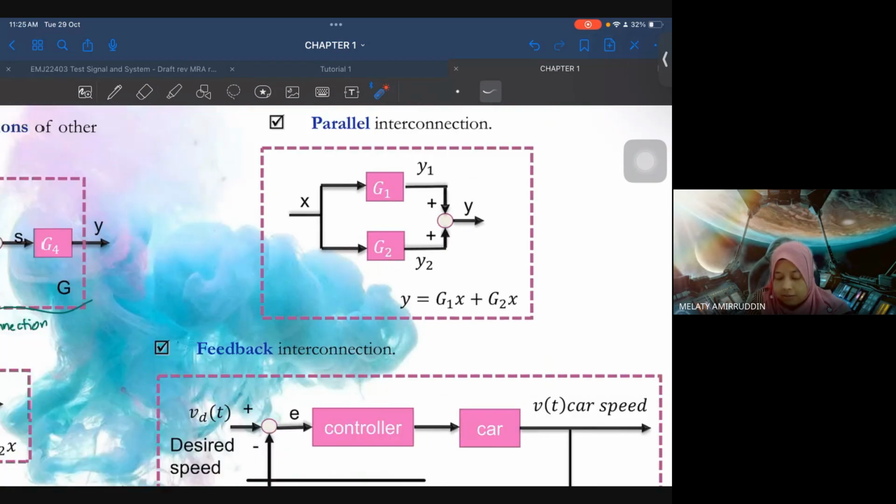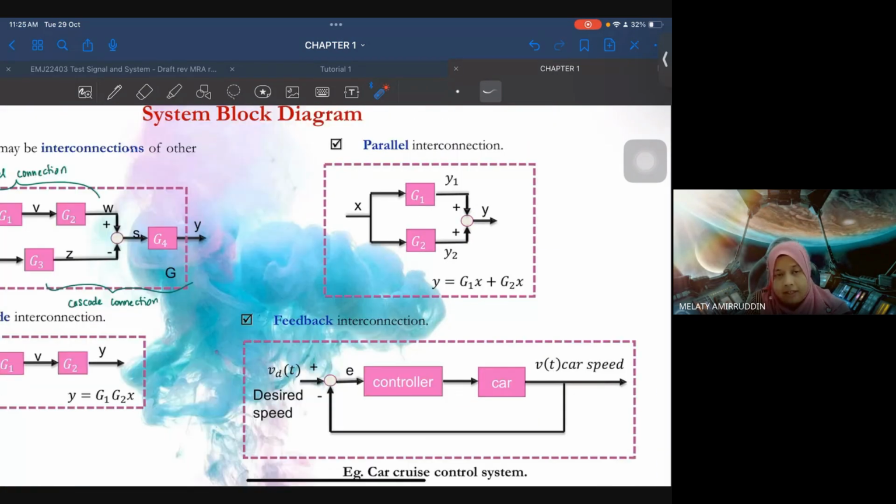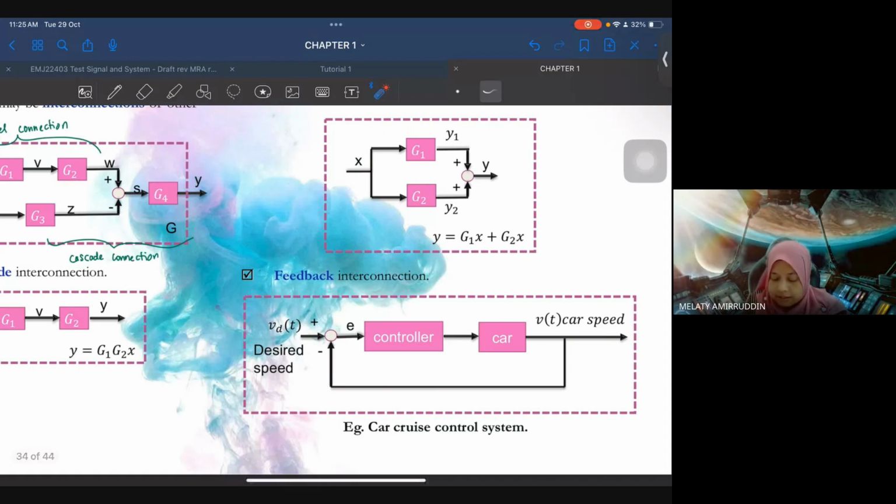Okay. And then we have feedback interconnection. Feedback interconnection means that the output signal here goes back to the input. This is something like a car cruise control system.